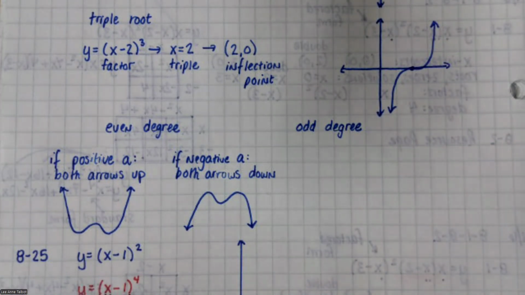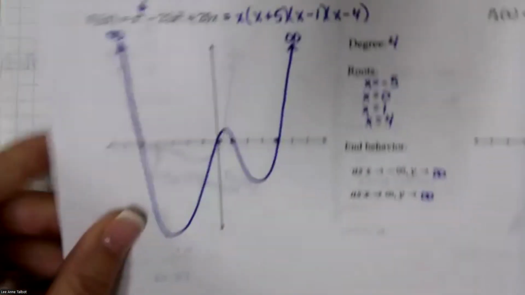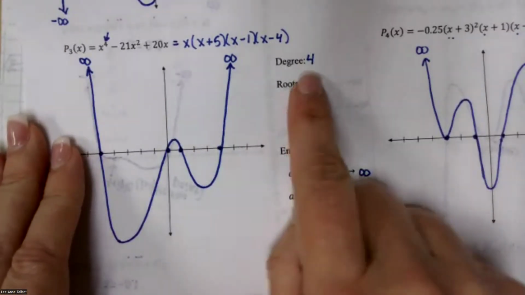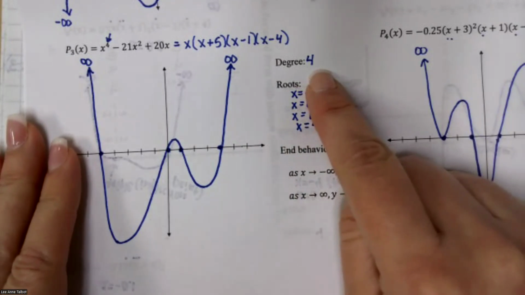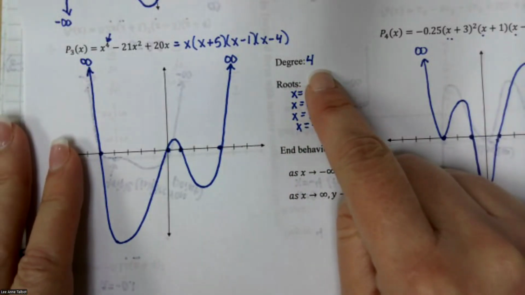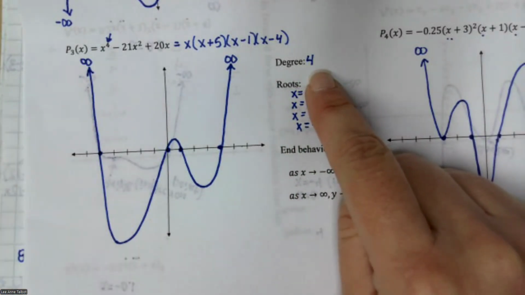Okay, so at this moment, I want you guys to go find your graphs from yesterday, the ones we were just looking at from number 2. Okay, take a look at graph 3. Graph 3 has an even degree, so 4 is an even number.